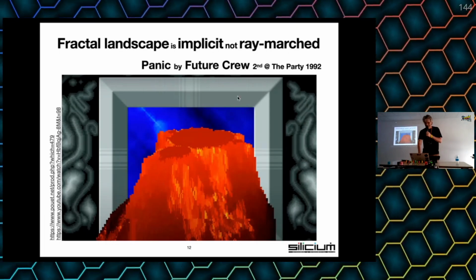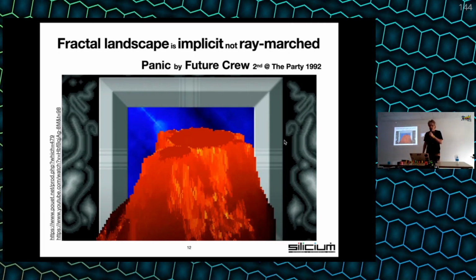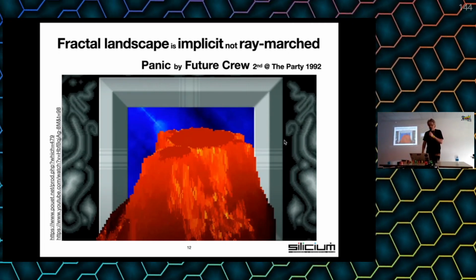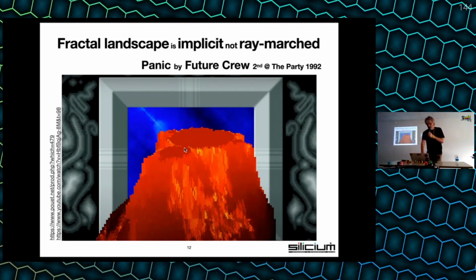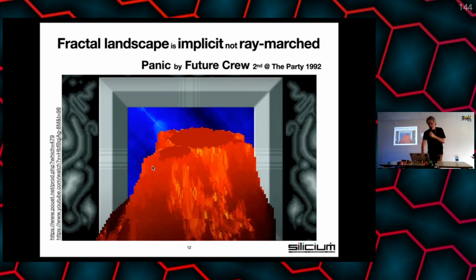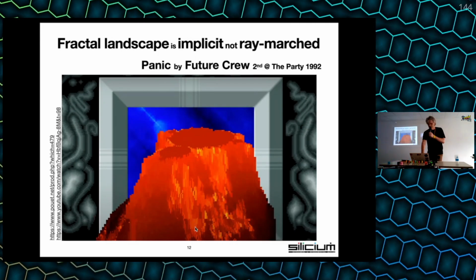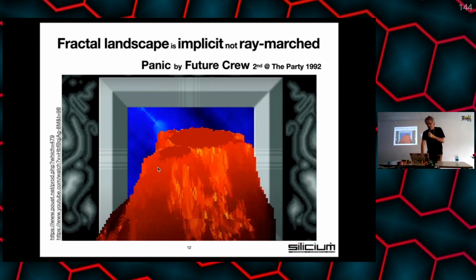This is a case of an implicit scene, an implicit object, but that is still not rendered by raymarching. So the object itself, you recognized it, the Mandelbrot set. Instead of using colors for the borders of the object, they use z height. So this is a height map. So it's an implicit surface.